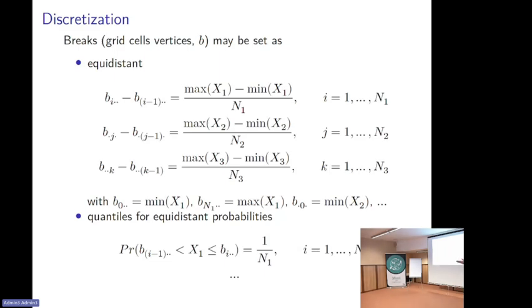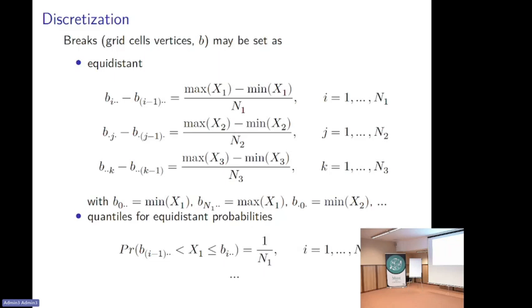So in each direction, in each dimension, x1, x2, x3 random variable, it is represented by index i, j, and k, and the ordering of the indices indicates the margin of the cell.